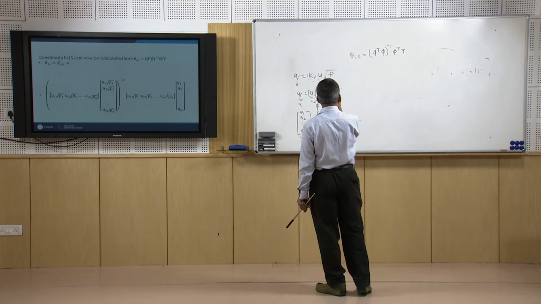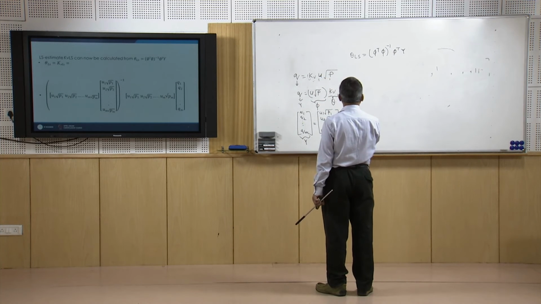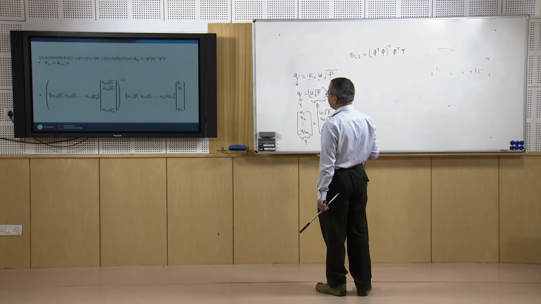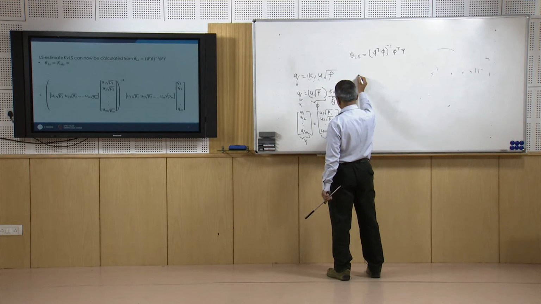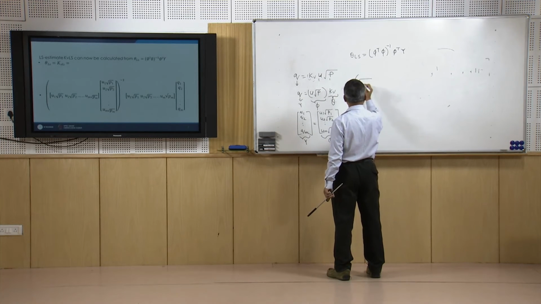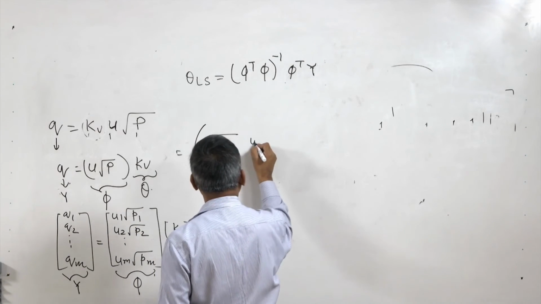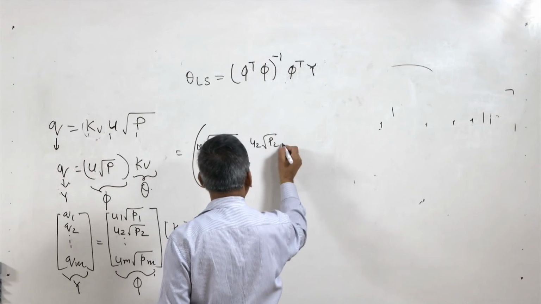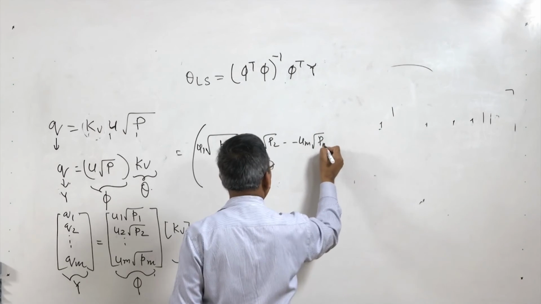So what values are here basically? If I take the phi transpose here, then this will be u1 under root p1, u2 under root p2 and so on, um under root pm.